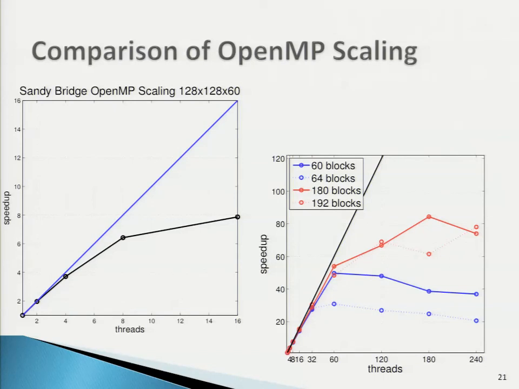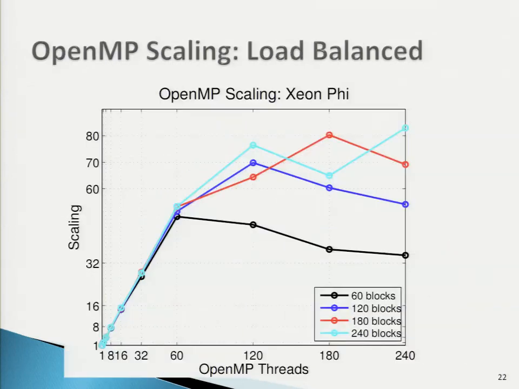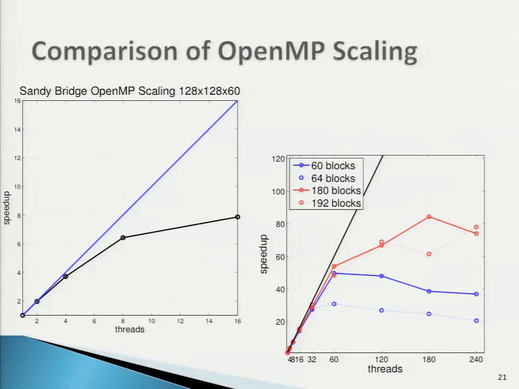But compared to the Sandy Bridge, to the KNC, it's not also perfect speed. I mean, we'll see. Yeah, but the KNC does tend to get better scaling as you add more threads. This is 2 threads per core. This is 3 threads per core. We get better scaling than we see over here. If you've got an efficient code on the Sandy Bridge, it won't scale much when you add hyperthreading.